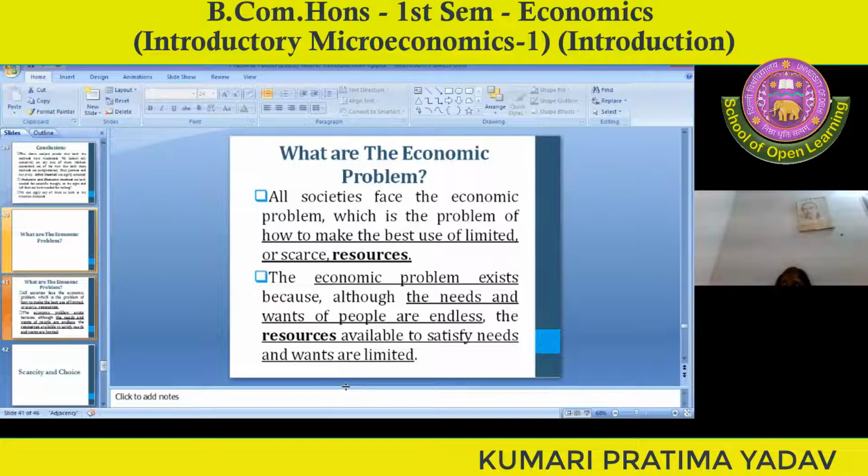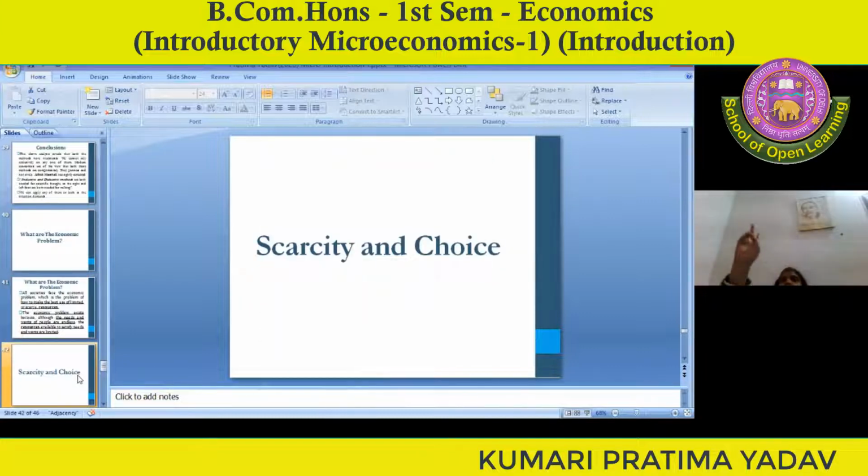Economics is very much needed to resolve this, to do the best for the country and for the people. So this leads us to two questions: what is scarcity, and what are the choices? As I told you, 1.3 billion people, and the land, rivers, each and everything is limited.